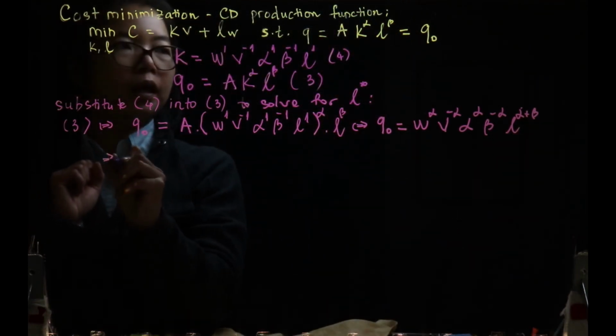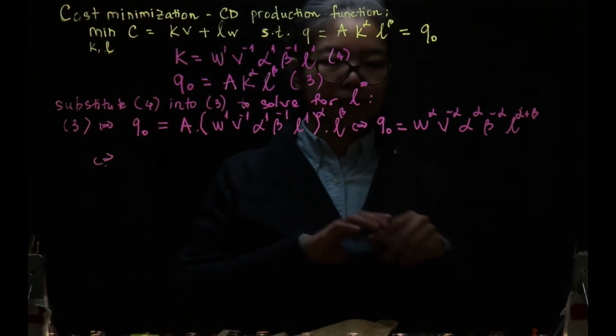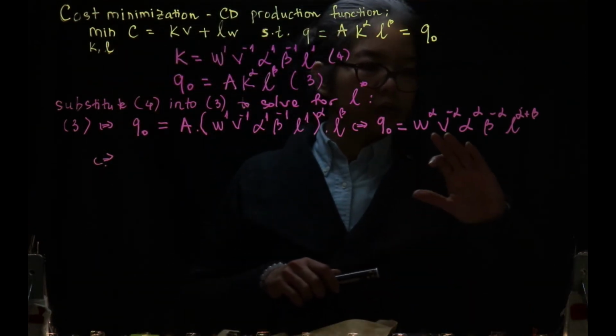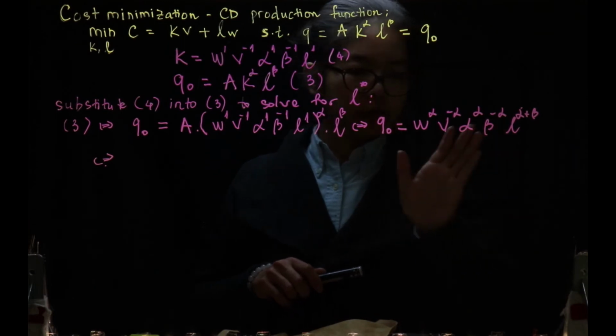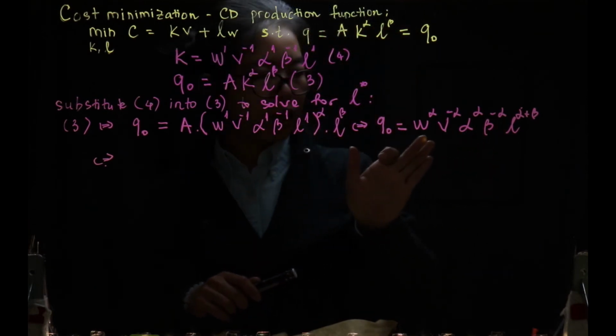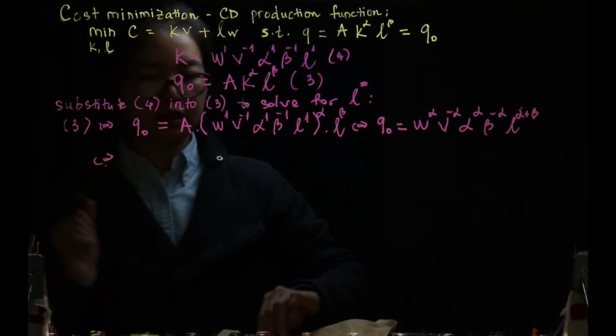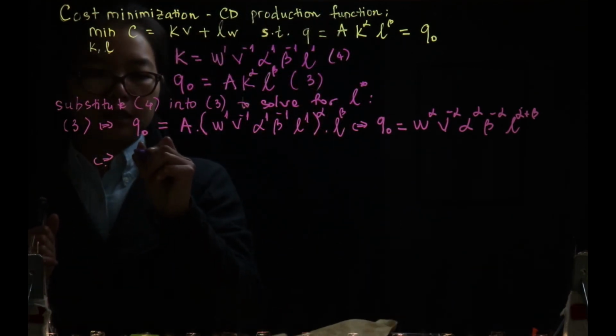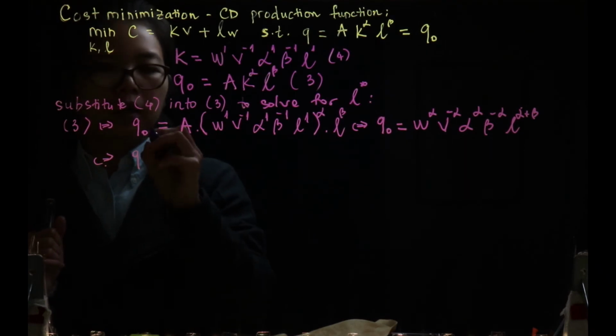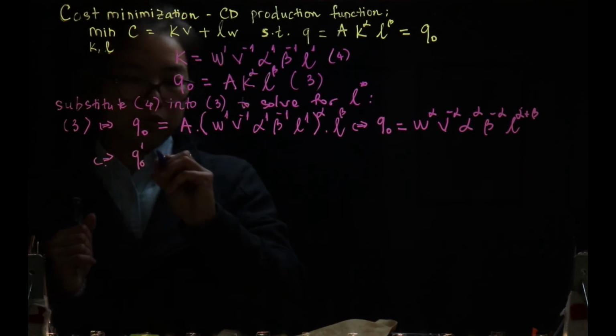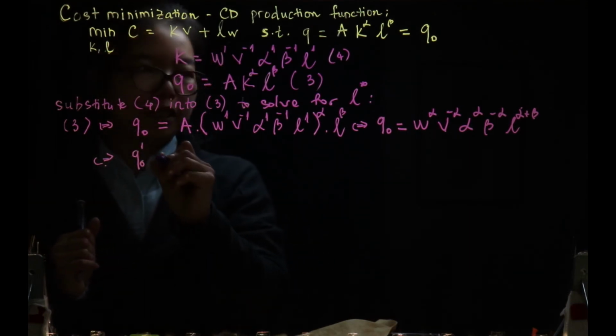Okay. Now right there, we could rearrange things, like cross multiply everything else on the right hand side apart from L to the left hand side with Q. So let's say Q, but Q0, but here I already put to the power of 1, so it's easier to see later.